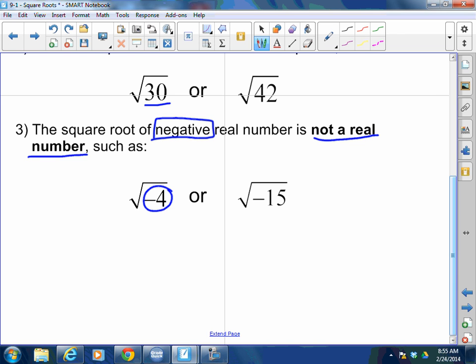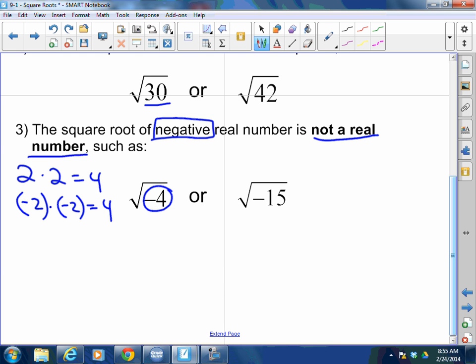No. 2 times 2 is 4. Negative 2 times negative 2 is 4. So no number or variable in this universe multiplied by itself will ever give you a negative. So if you have the square root of negative 4 at this point, that is not a real number.